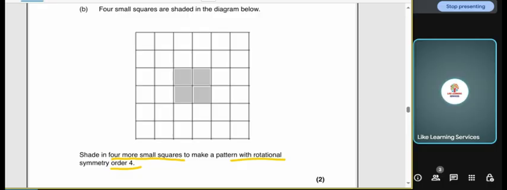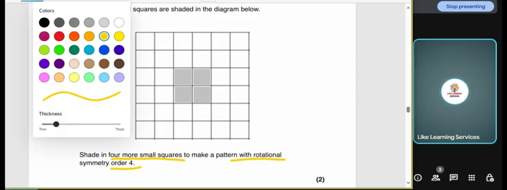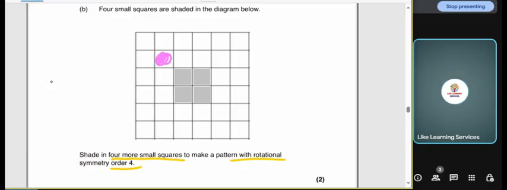If you turn once, you have this. 4 more. Can you try this?